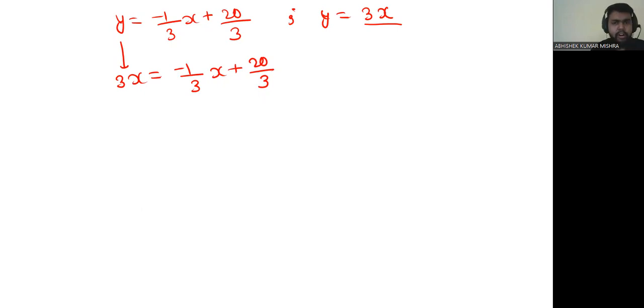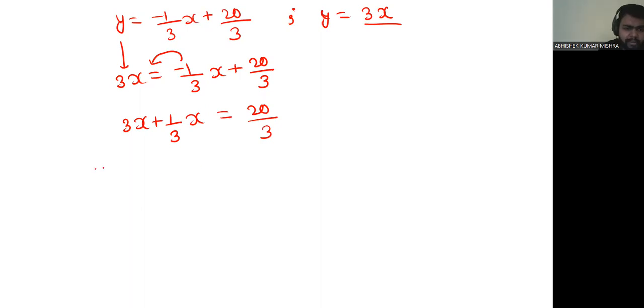So I'm going to bring this x part to this side, and this will become positive. This is the right way to solve an equation by the Indian method, but you people don't know the Indian method there. I'll make one lecture on how to solve linear equations very quickly without using the transposing method, because that is going to help you in the long run. So here 3 would be the LCM, and here we are going to write 9x.